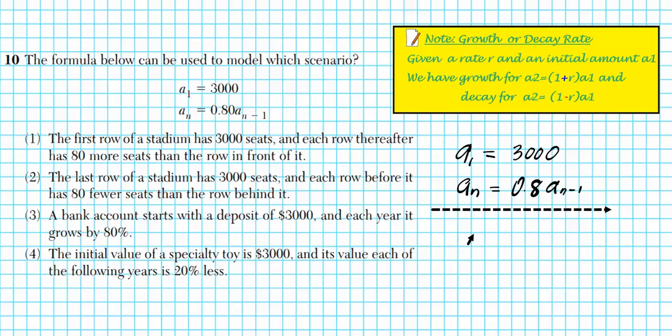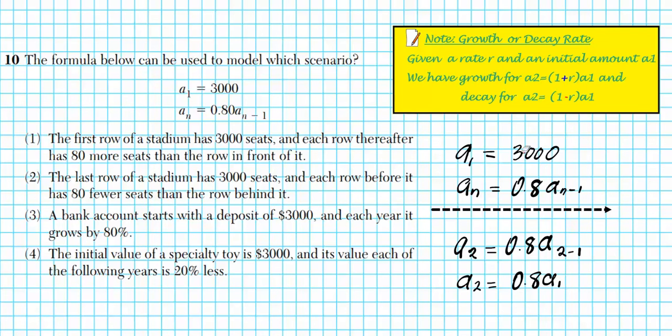So A2, using our recursive definition, is going to be 0.8 times A2 minus 1. Okay, A2 is going to be 0.8 times A1.